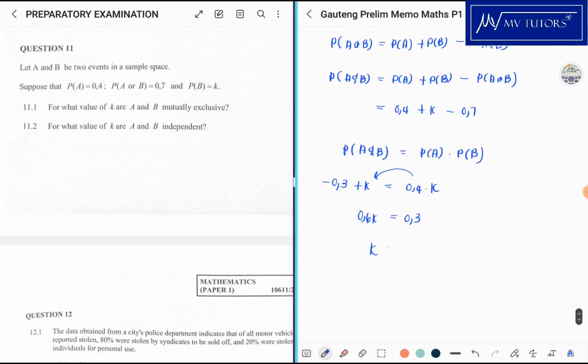So K is 0.3 divided by 0.6, which is a half, or 0.5.